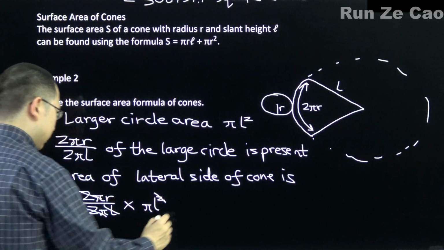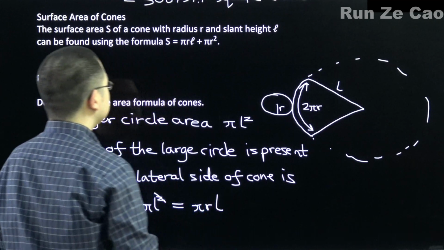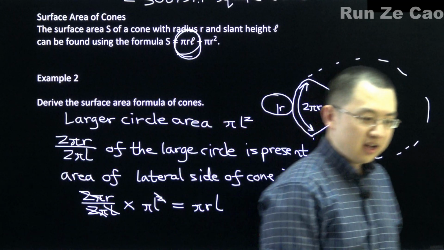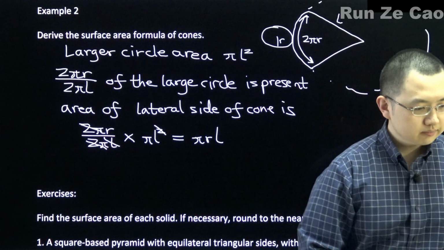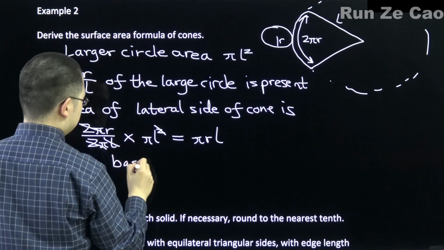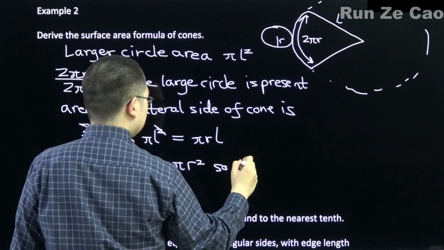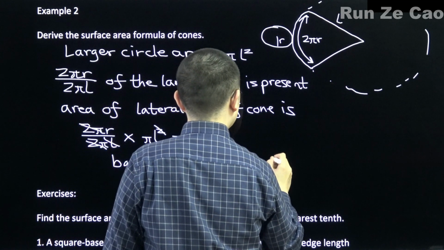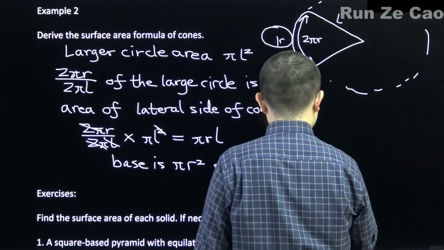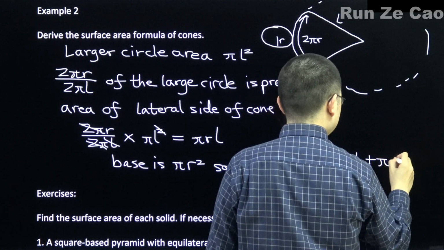So L goes over there, which gives you pi r L. Haha! Pi r L has been found. And the pi r squared is, of course, the circle. So total SA, or sometimes just S, or just A, is equal to pi r L plus pi r squared.